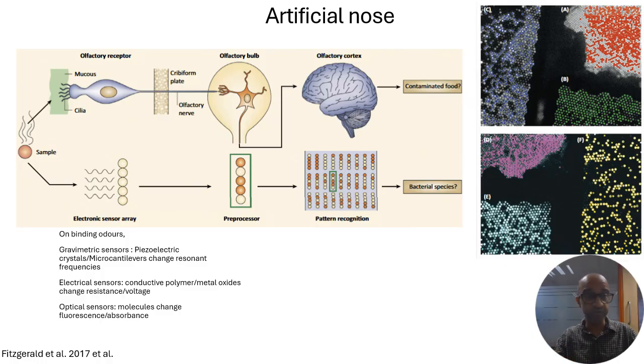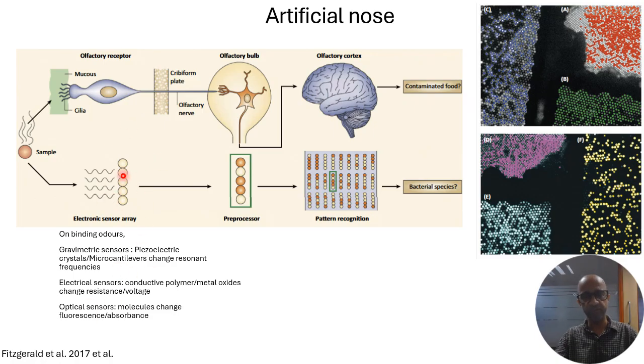You can make an artificial nose now with a similar kind of principles, right? You have an electronic sensor array that can sense different odors. We'll see what different sensors are possible.